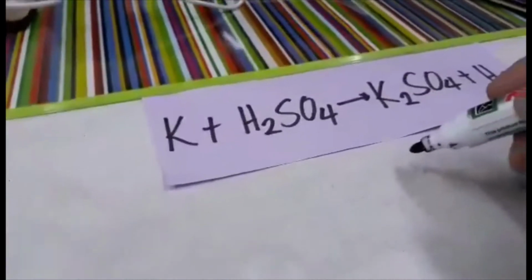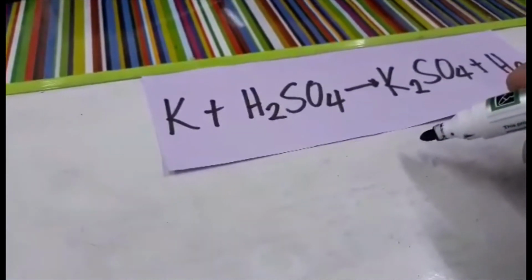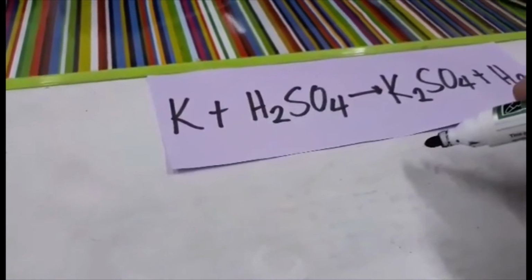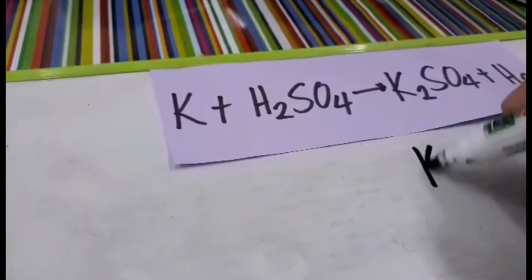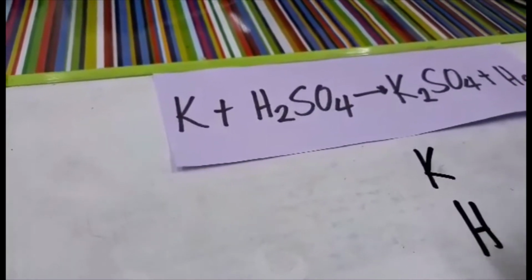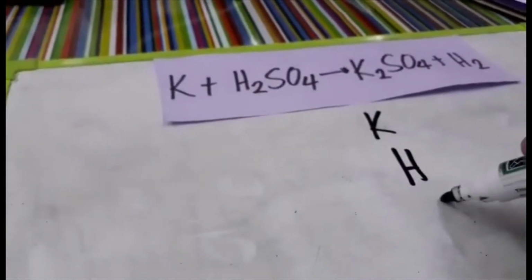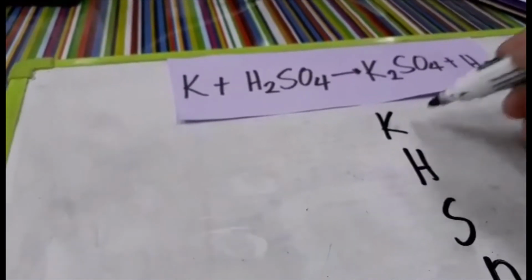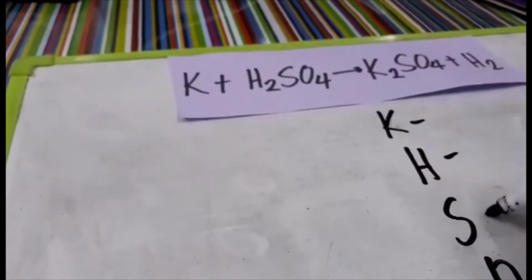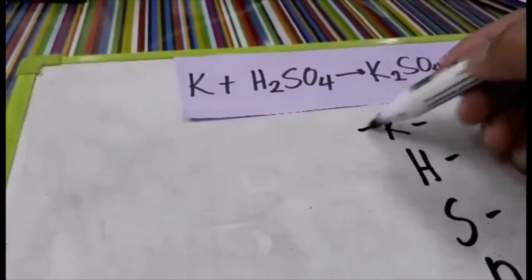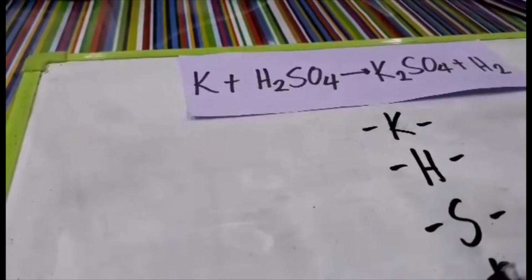First, we have to arrange the elements based on the arrangement in the reactants. So we have K, H, and SO. This is for the side of the product, and this is for the side of the reactants.